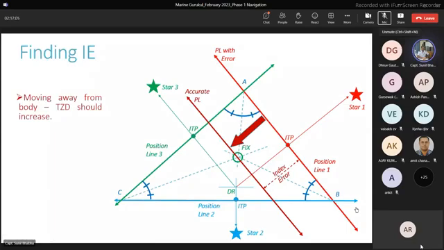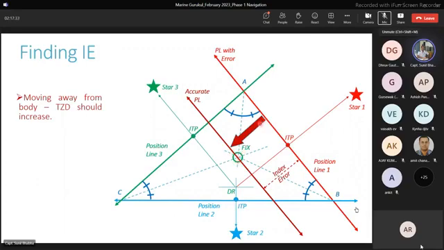Now, moving away from the body, what does that mean? If you are moving away from the body, that means the true zenith distance of the body should increase. Zenith distance is basically the distance or the arc between the zenith of the observer, which is represented by the position, and the celestial body.